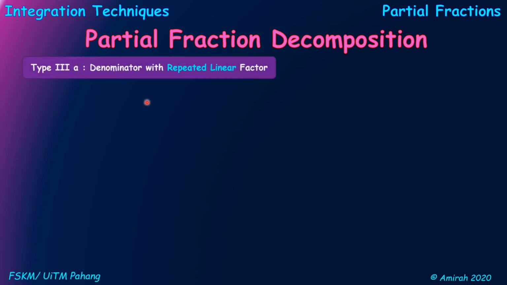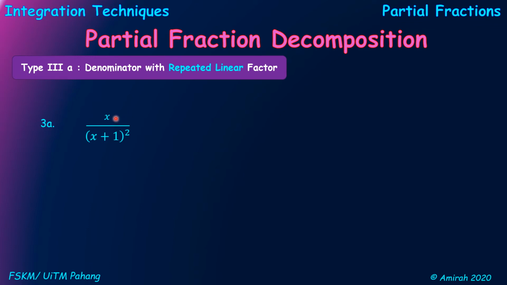Alright, now we continue with type 3a: denominator with repeated linear factor. We look at example 3a. If we have the fraction x over (x plus 1) squared, this is called a repeated linear factor.